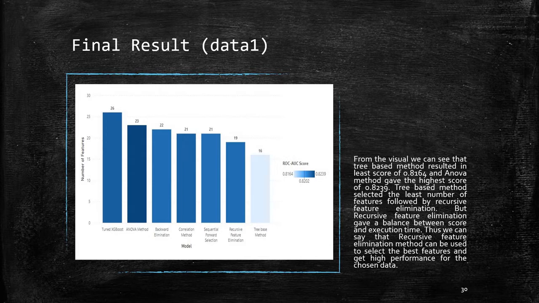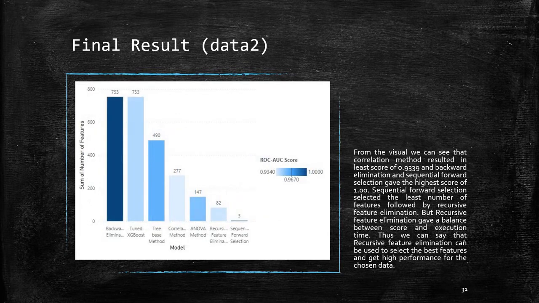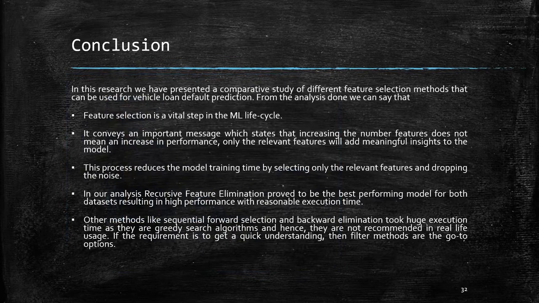Like data 1, the least number of features selected was by the tree based method, and the highest score was given by tuned XGBoost. But in both the models we can see that RFE is the second best, and it is giving a balance between score, number of features, and execution time.